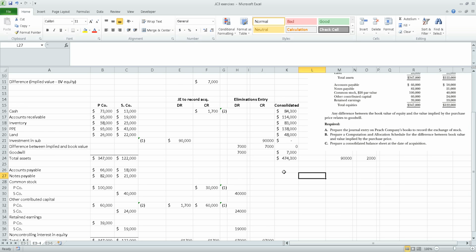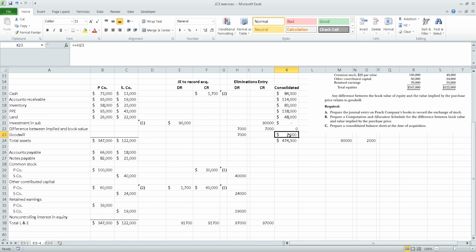Okay, now we're ready to do the liabilities and equity section of the balance sheet. So total accounts payable, P Company's plus S Company's, add them together, $84,000. Combined note payable balance, $103,000. Common stock: P Company had $100,000 before the transaction.